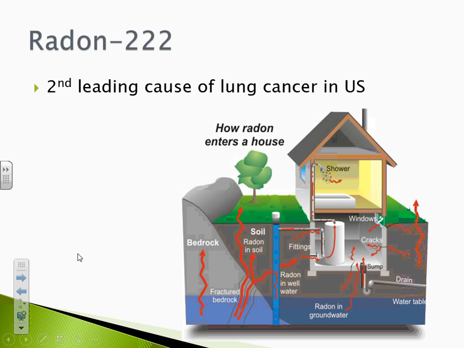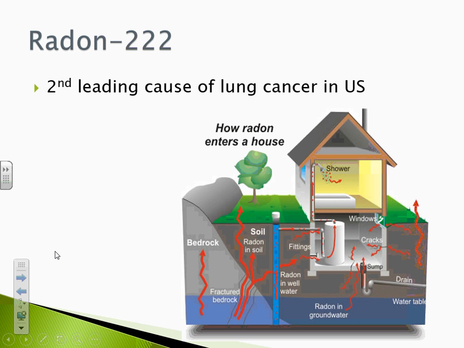One radioactive element is radon-222, and it gives off particles which can cause lung cancer. It's the second leading cause of lung cancer in the U.S. What's the first leading cause? Yes, smoking. Radon is released from bedrock.